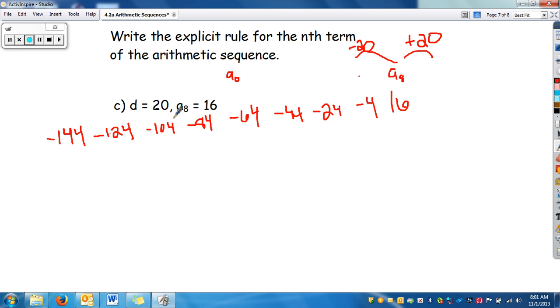Okay, and we can count to make sure this is the 8th term: 7, 6, 5, 4, 3, 2, 1. This is a sub 0 right here. Alright, so to write my rule, a sub n, my difference, which is 20, n, and then it's minus 144.